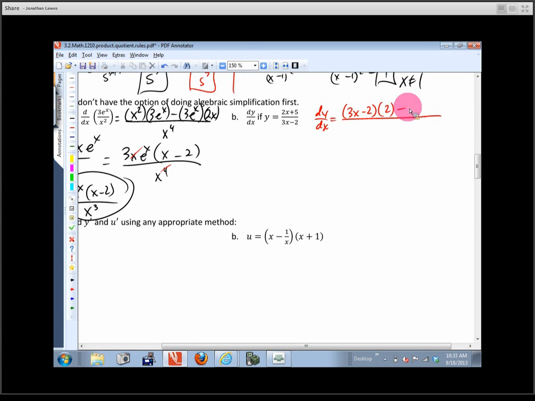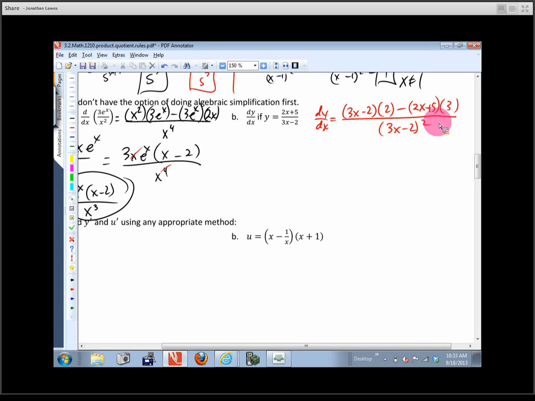Minus, that comes from the quotient rule. Top, write it down in parentheses. Times the derivative of the bottom. We're just going to look at 3x minus 2 for a second. Derivative of 3x is 3. Derivative of negative 2 is 0. So that's a 3. And then we just write the bottom down and we square it.